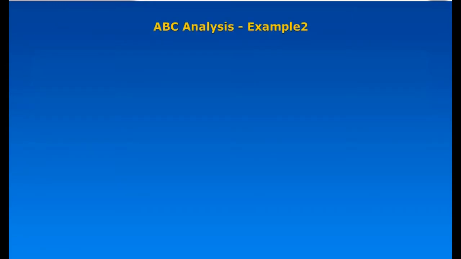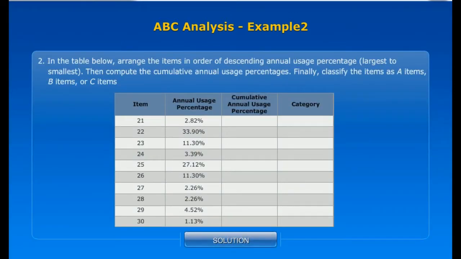ABC analysis, Example 2. In the table below, arrange the items in order of descending annual usage percentage, largest to smallest. Then compute the cumulative annual usage percentages. Finally, classify the items as A items, B items, or C items.